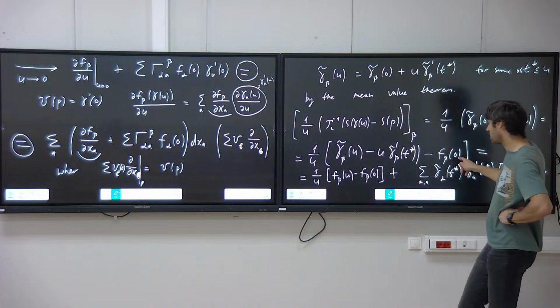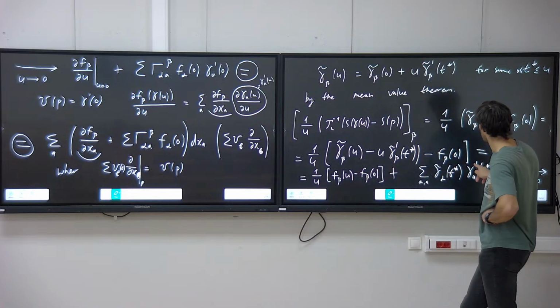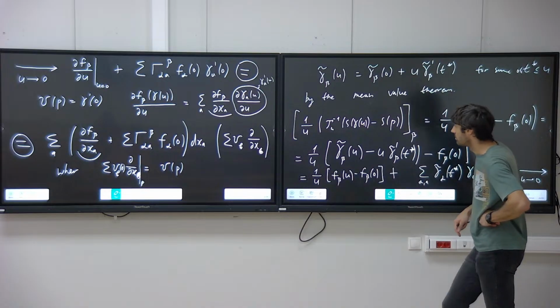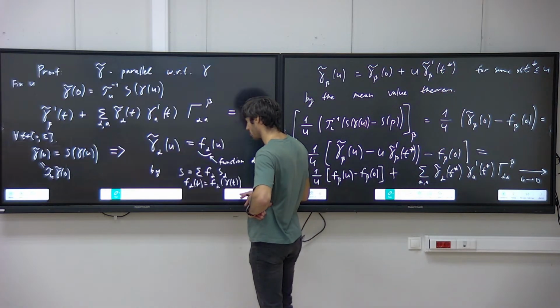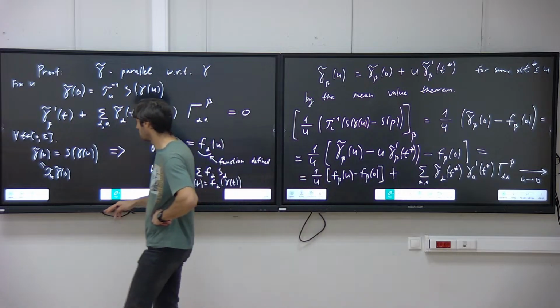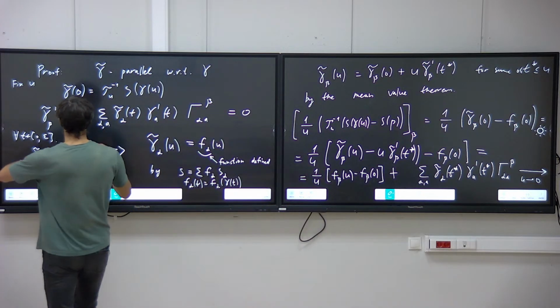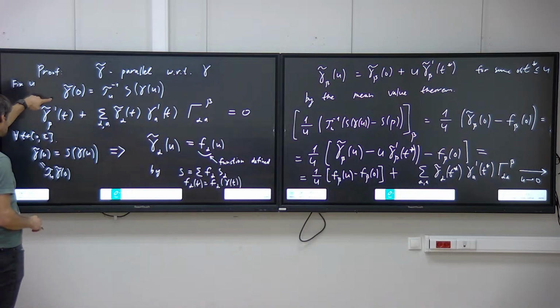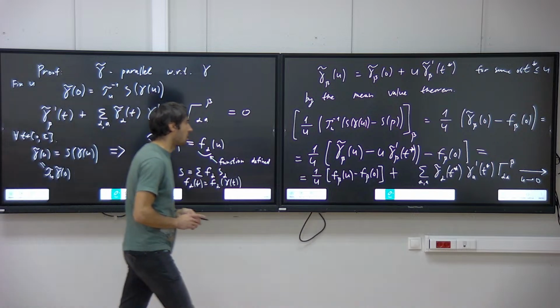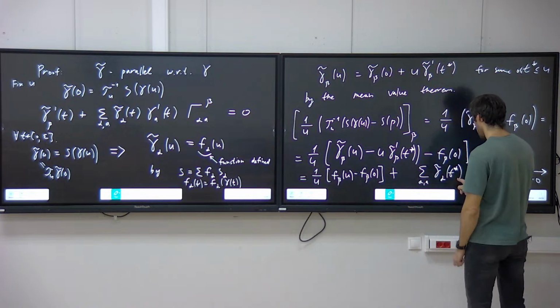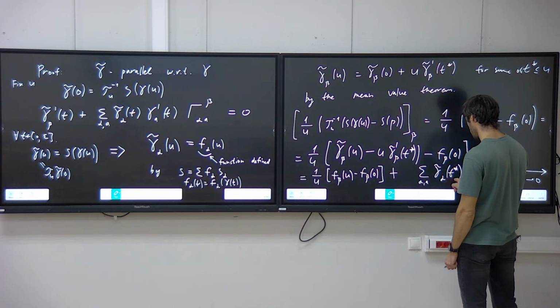Gamma tilde alpha at t star, this guy. Yes. So this should go to f alpha.